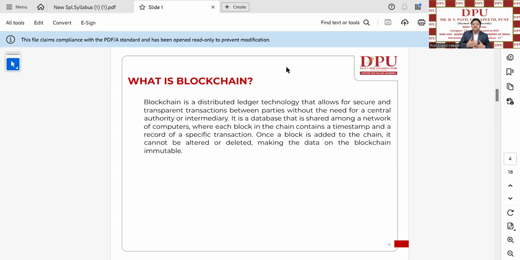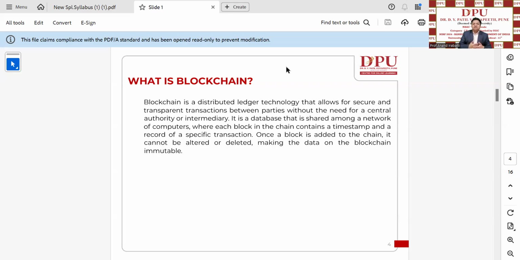Remember, it is a decentralized database. Whenever we hear the concept of a database, it comes to mind as centralized. But in case of blockchain, it's a distributed digital ledger, or you can say a distributed digital database, but which is decentralized.